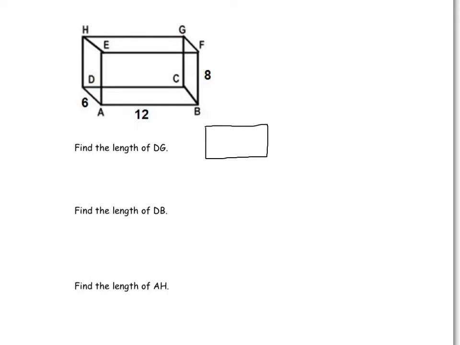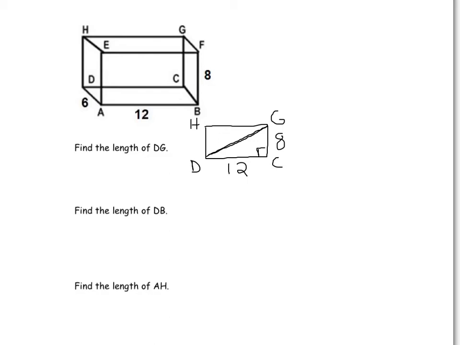That back wall is a rectangle with H, G, C, and D. And we're trying to find this distance. Now notice it's a rectangle, so that means these are right angles. If this side is 12, that means this side is 12 as well. If this side is 8, then this side would be 8 as well. So this would be an 8, and this would be a 12.